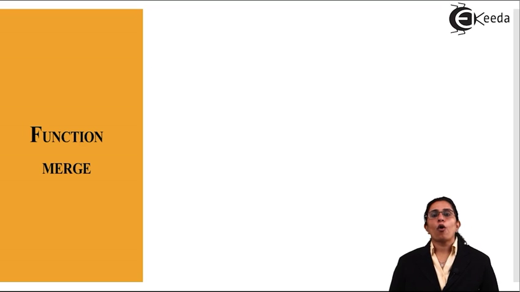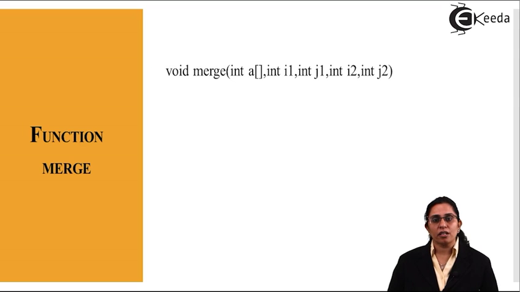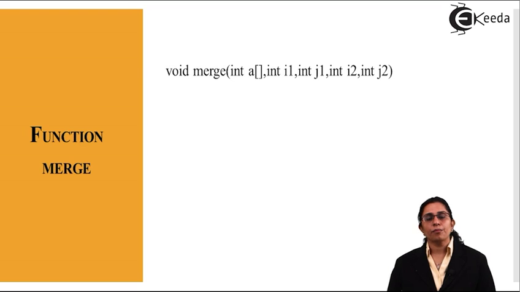So void merge, as we have seen in the merge sort function, I pass 5 values to this particular merge function. So here the 5 values are int a, which is the array A, the initial list which I had. The value of i comes and gets stored in the value i1.